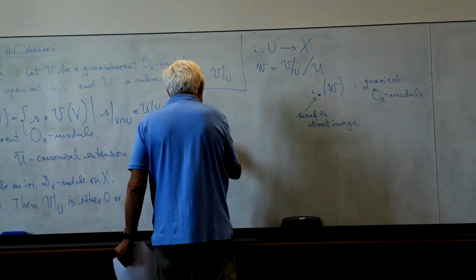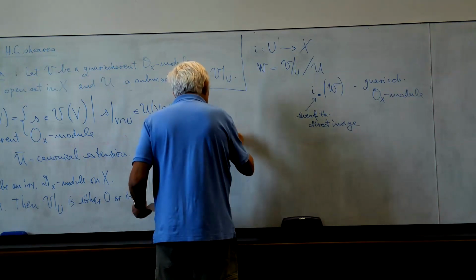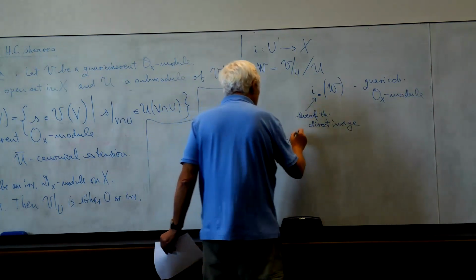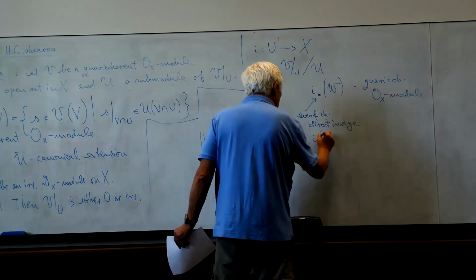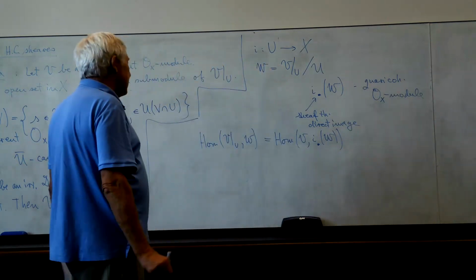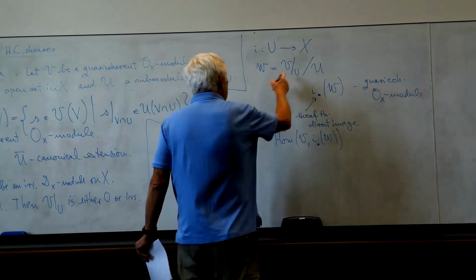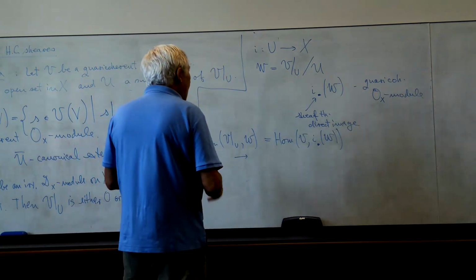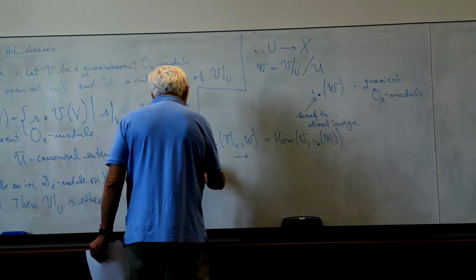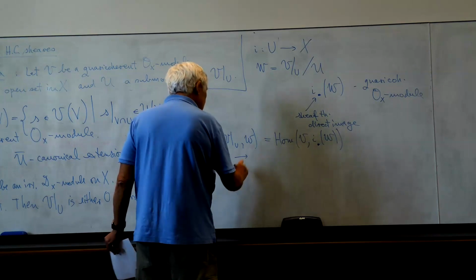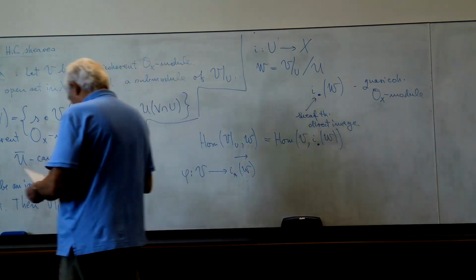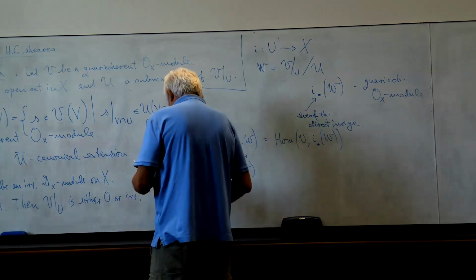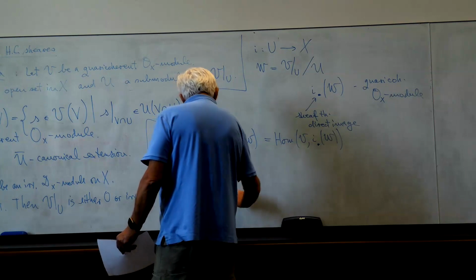So we have Hom from V restricted to U to W equals Hom from V to I star W. If I look at this canonical morphism, it gives me a map P from V into I star W. And now the point is that if you look at the kernel of P, this is just U bar.